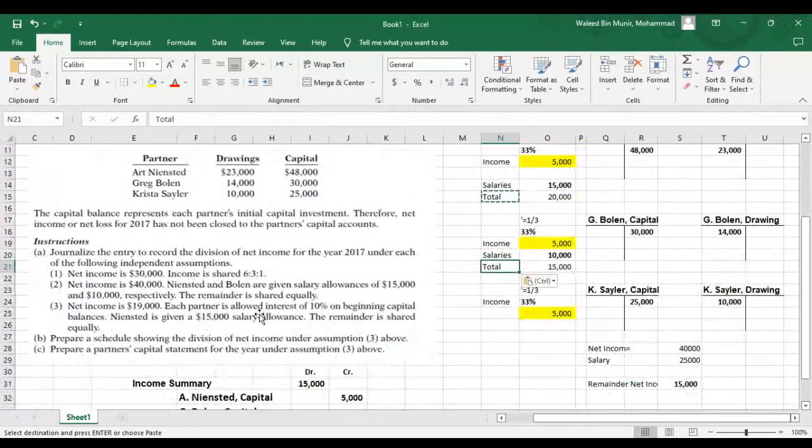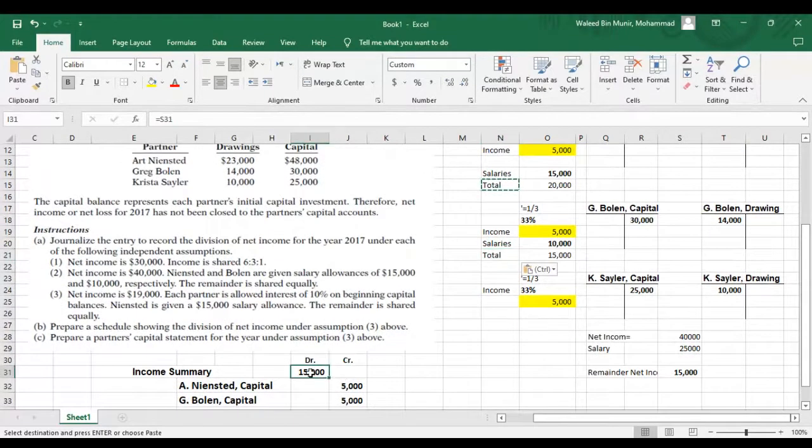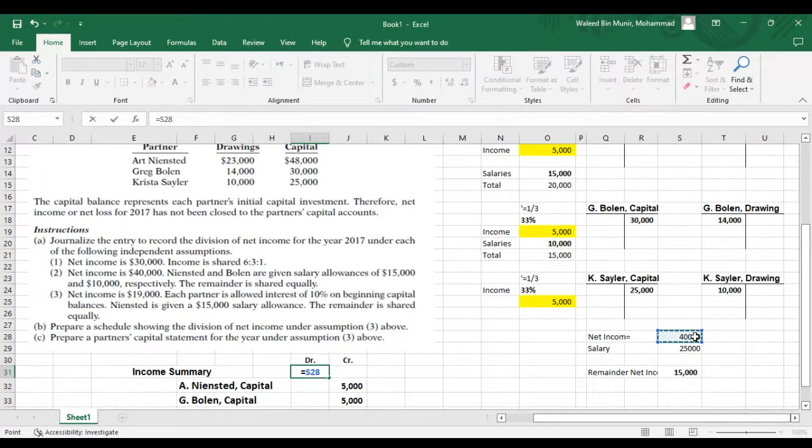And now, first of all, what is the income summary? How much income are we going to distribute? 40,000. Okay. How is 40,000 distributed to each partner? The total, Doctor. Yes.